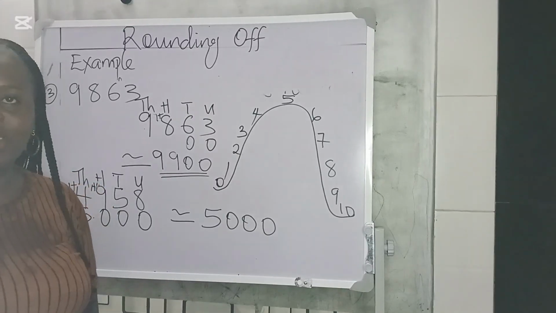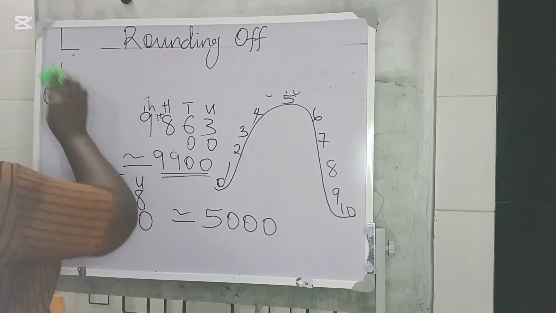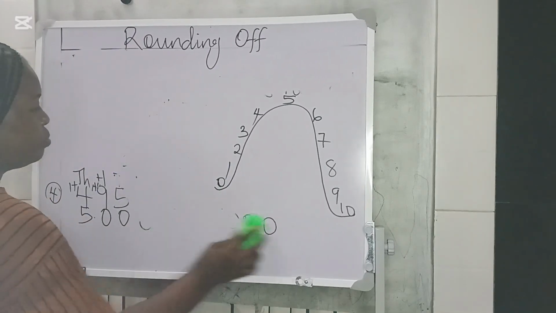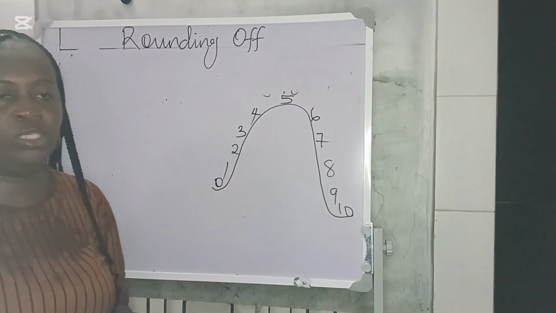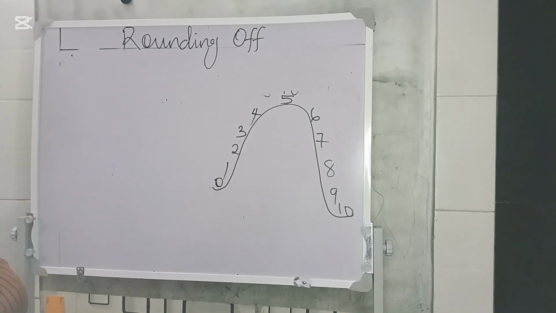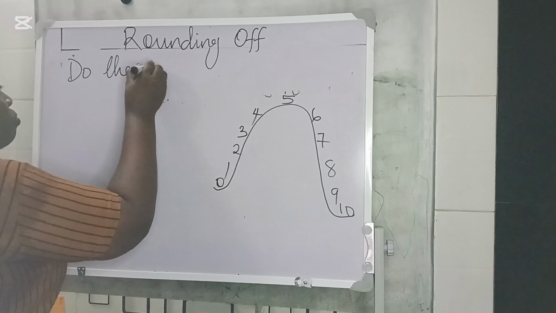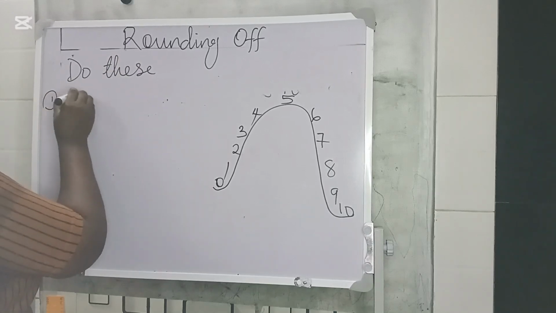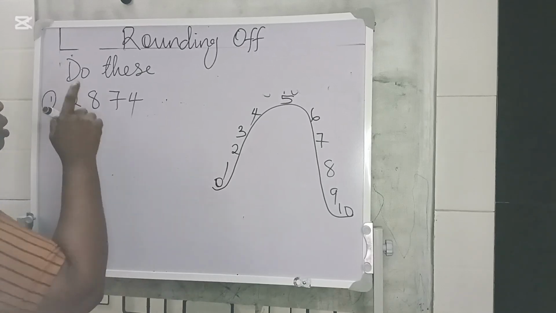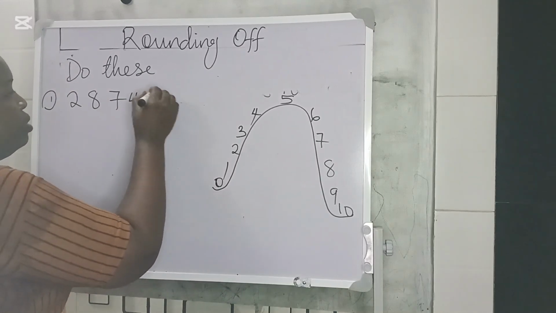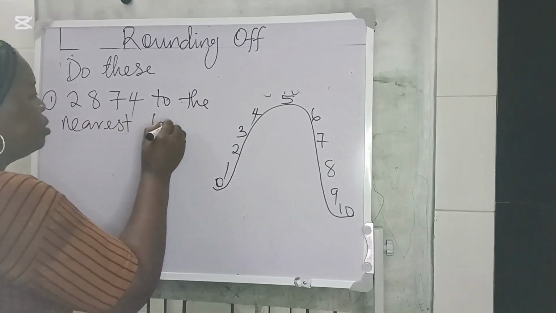Hope you enjoyed the class, but trust me, I'm not going to leave you empty-handed. I'm going to give you an activity to do, and I'll be in the comment section to say it. Let's do these two activities. Number 1, you have 2,874 to the nearest tens.